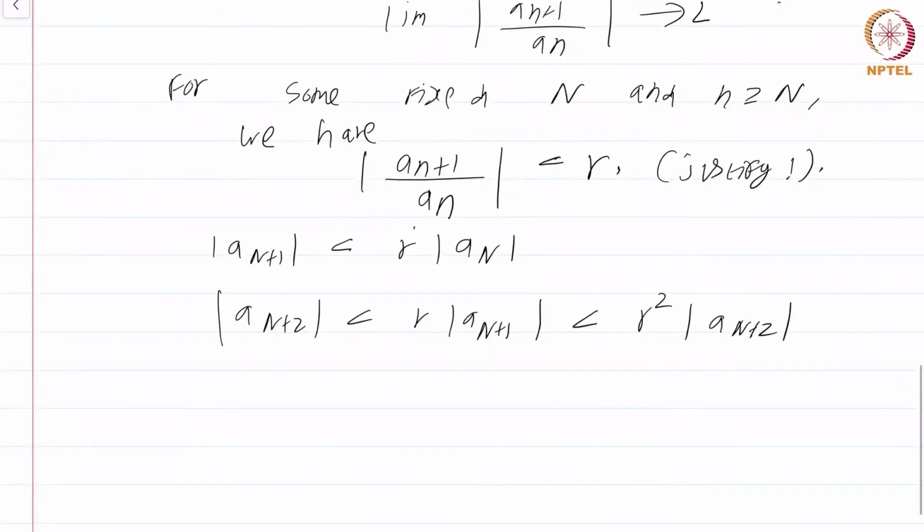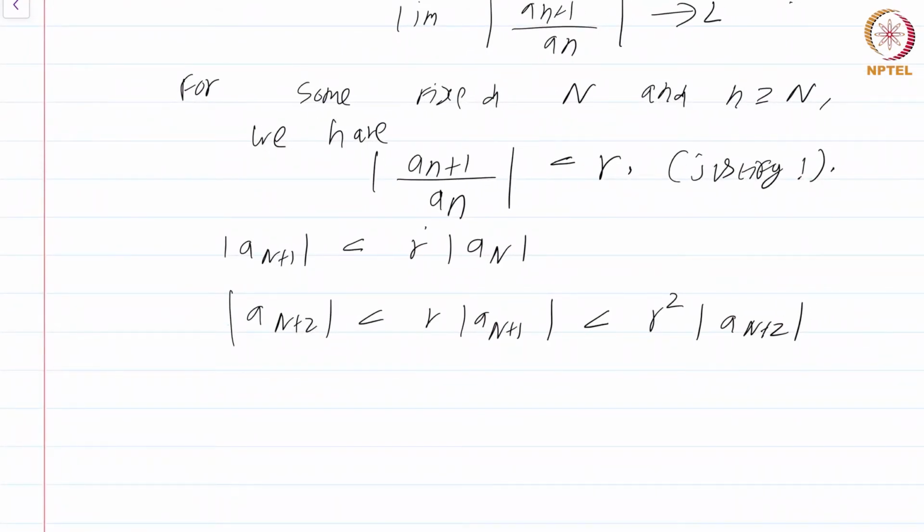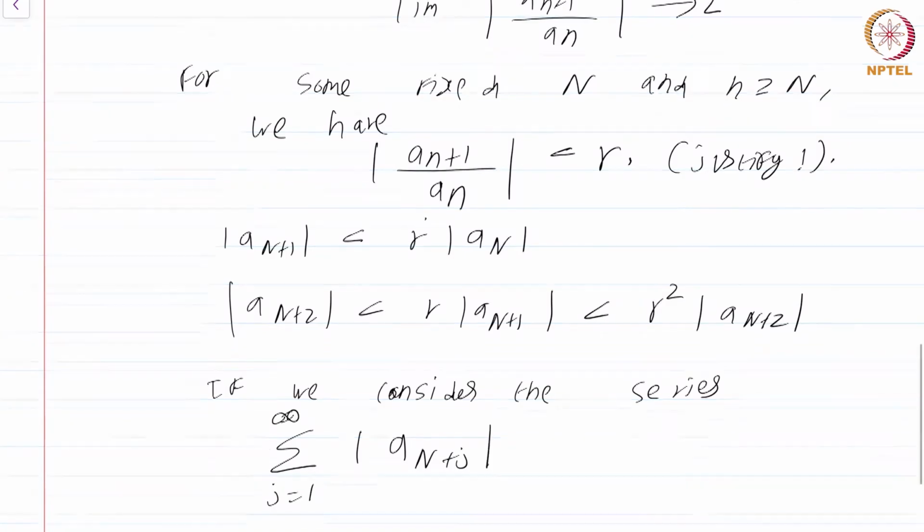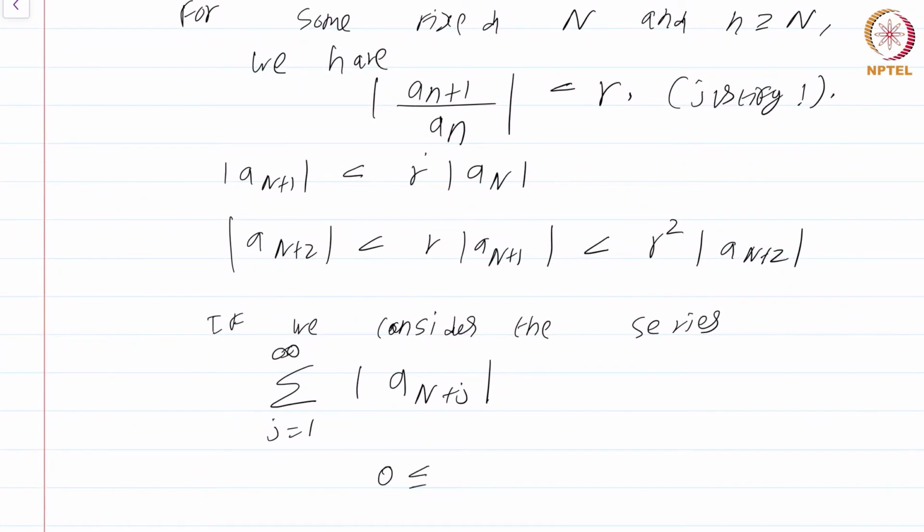So what will essentially happen is, if we consider the series summation j equals 1 to infinity mod a n plus j, and call this new series, let's say bj, now let me not call this bj, let me call this Cj, then 0 is less than or equal to Cj, and Cj is strictly less than r to the power j times mod an.